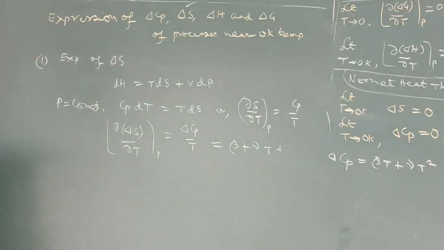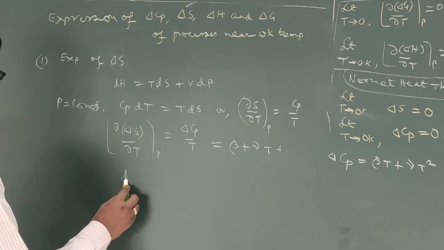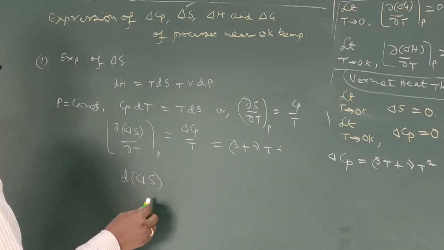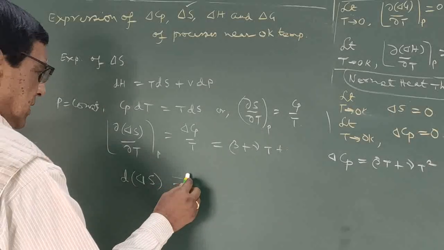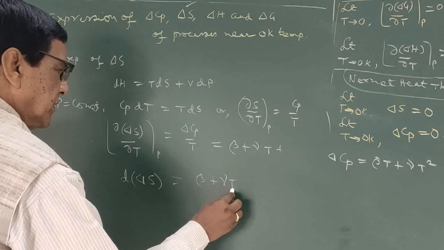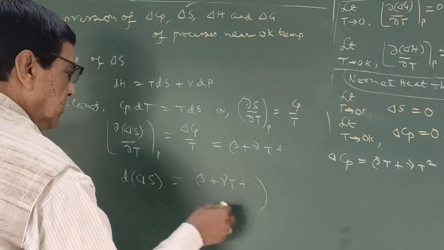So this d delta S equal to beta plus gamma T plus dot into dT.